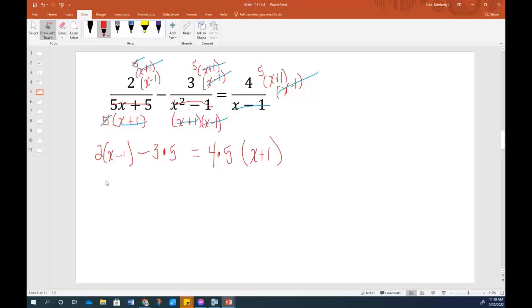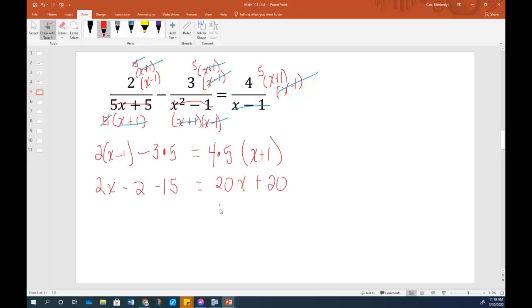Okay, so now clean that and crank it out. I'm just going to kind of write it down as I go and not slow down too much because I think you guys are fine with this. That's 2x minus 2 minus 15 equals, I'm distributing really at 20, so that's 20x plus 20. So this time I like to move things to my larger x term.